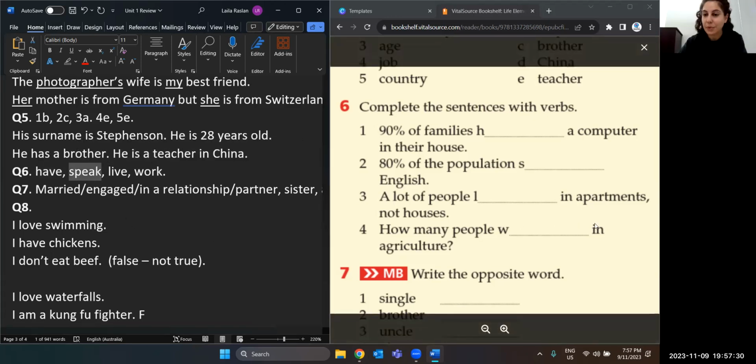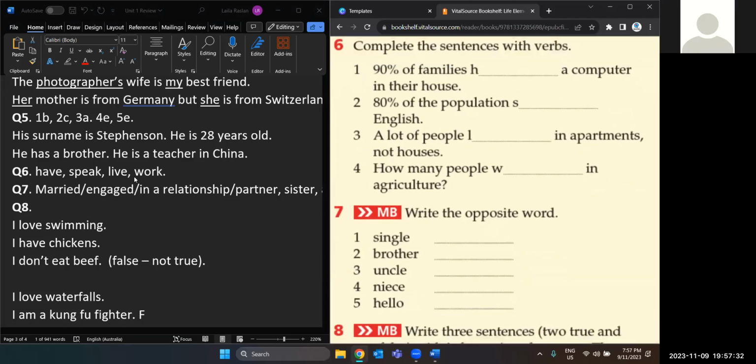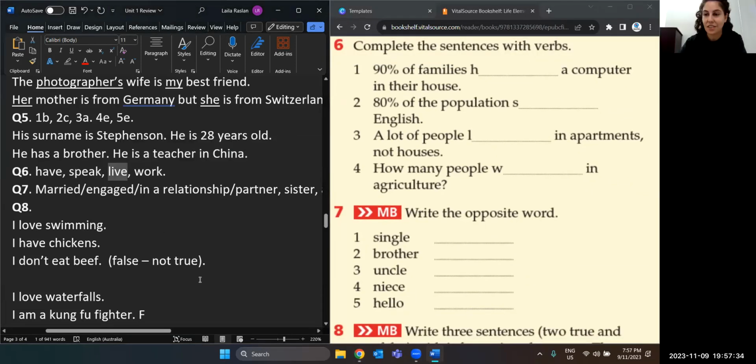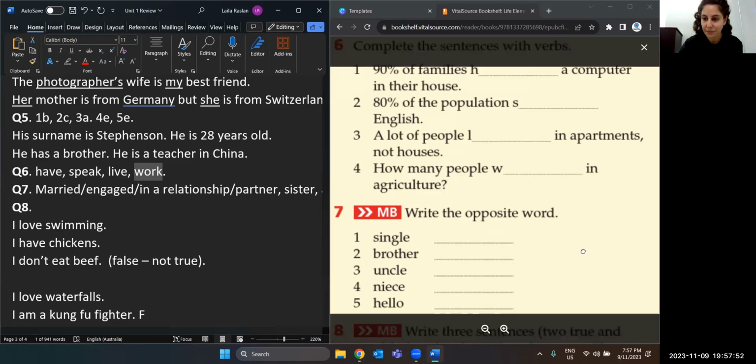A lot of people live in apartments, not houses. How many people work in agriculture? Good. They're just very simple everyday verbs. To have, to speak, to live, and to work. Just in the present simple.